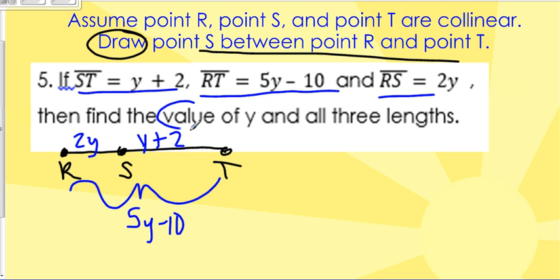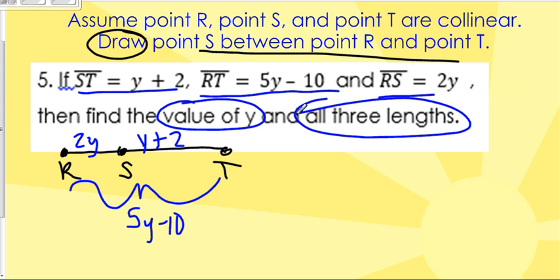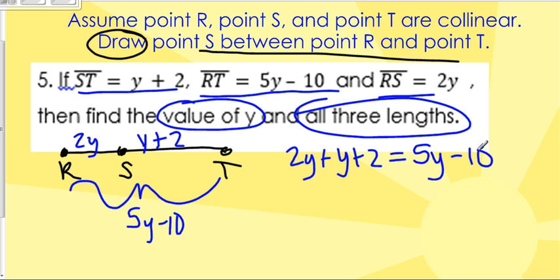Now it's asking me to find the value of Y and all 3 lengths, which means I need to plug Y back into each statement. So I'm going to create my part plus part. So part 2Y was RS, and Y plus 2 is ST, and it equals 5Y minus 10. So we've got 3Y plus 2 equals 5Y minus 10.